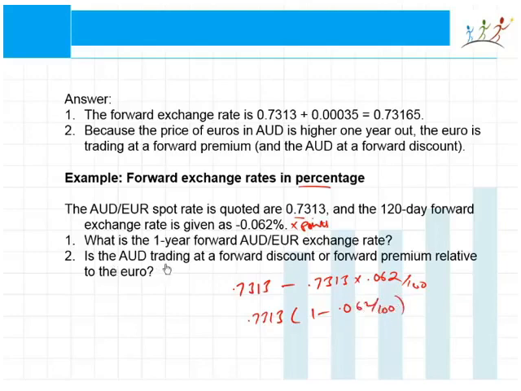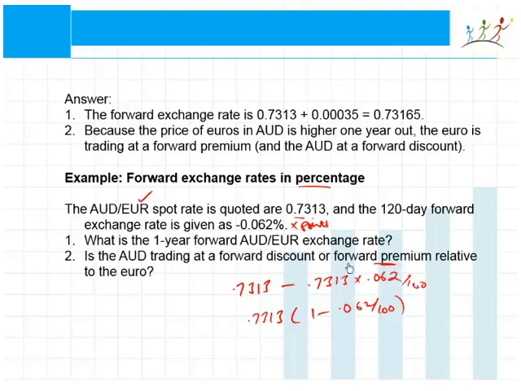Is the AUD trading at a forward discount or a forward premium? Now please note that this minus 0.062% again is for the euro. So euro is trading in this example at a discount of 0.062%. The AUD hence will be trading at a forward premium.